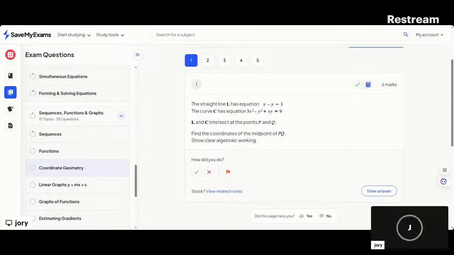Solve this one now. 3x squared plus 3x minus 18 equals 0. Yeah. Is 18 divisible by 3? It is.